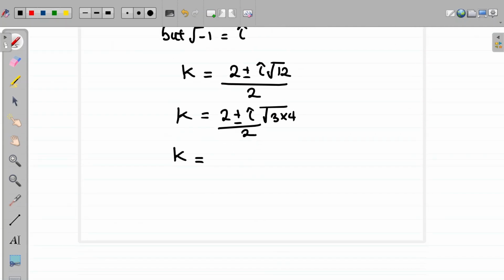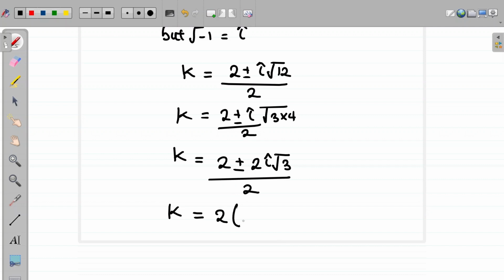So k is equal to 2 plus or minus 2i root of 3, all divided by 2. Now from the equation, we can factorize 2, which becomes 2 open bracket 1 plus or minus i root of 3, all divided by 2.